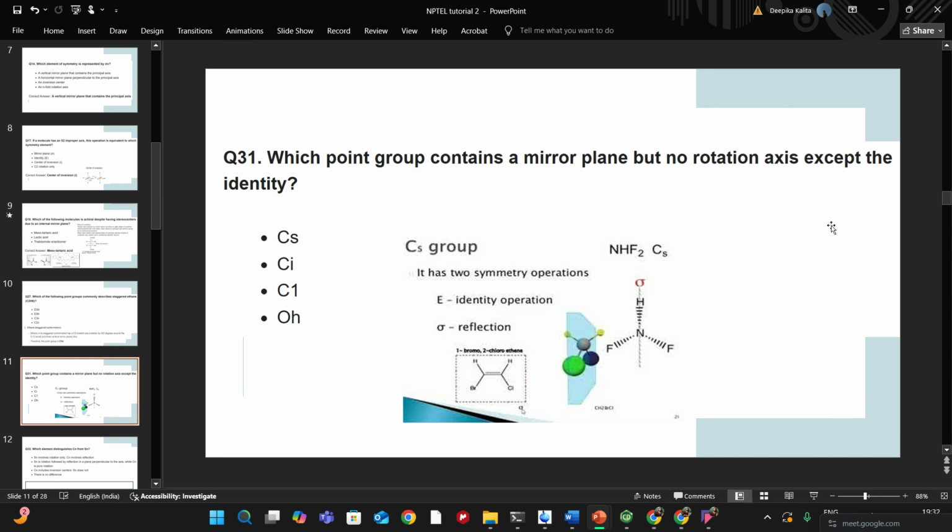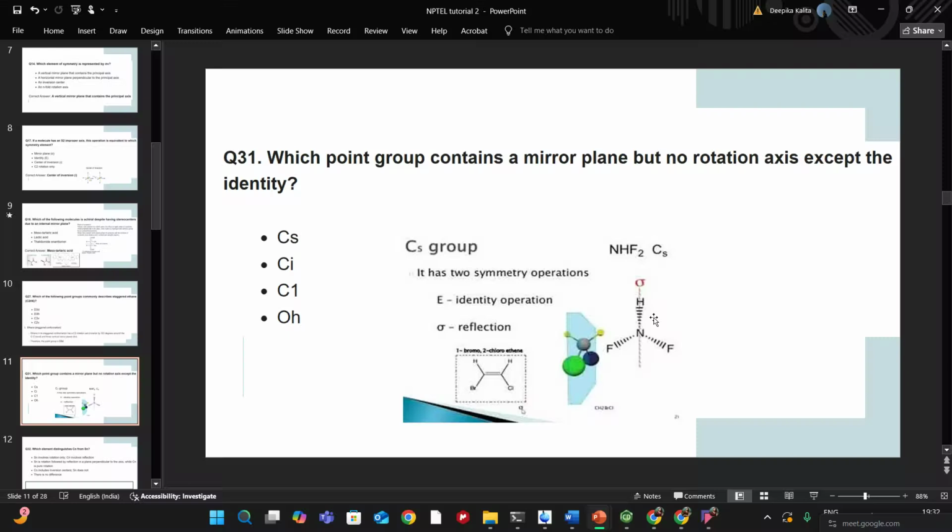Next, which point group contains a mirror plane but no rotation axis except the identity? That means the molecule will have mirror plane symmetry, but you cannot rotate it by any angle to bring it to an identical position. So out of all these, as we know, the Cs group is such a point group which has only two symmetry operations, a mirror plane and the identity operation. For example, you can look at the NHF2 molecule.